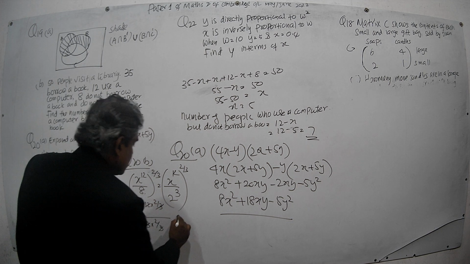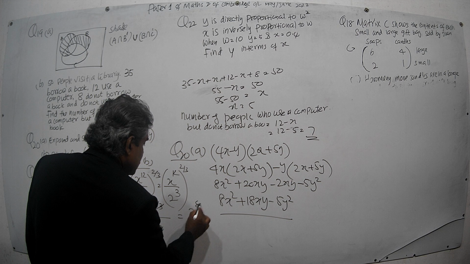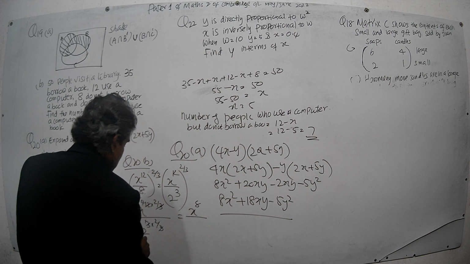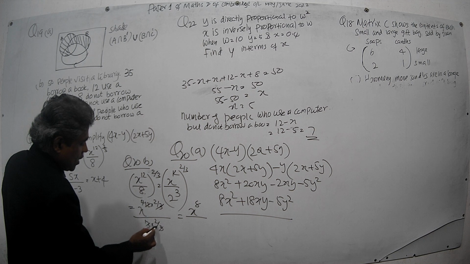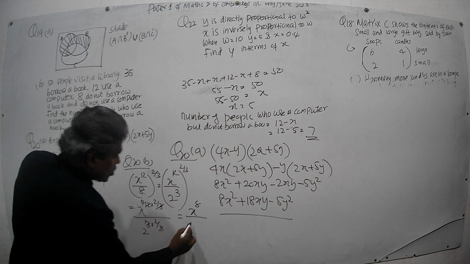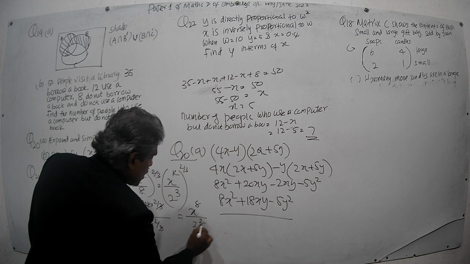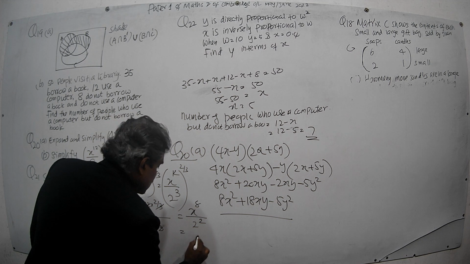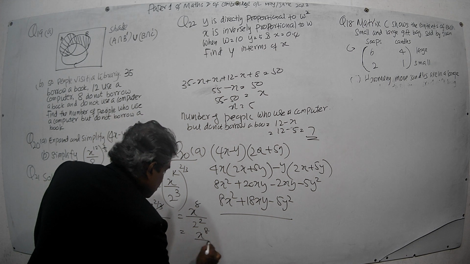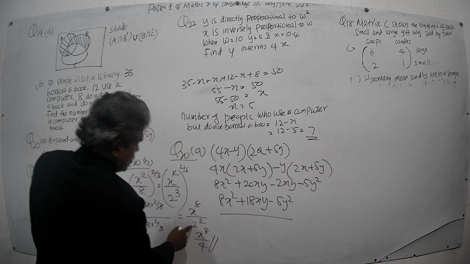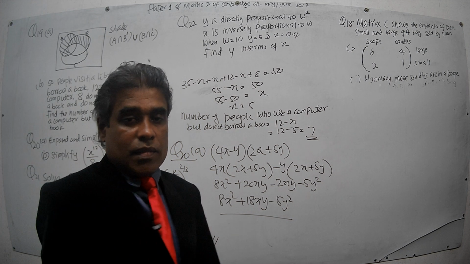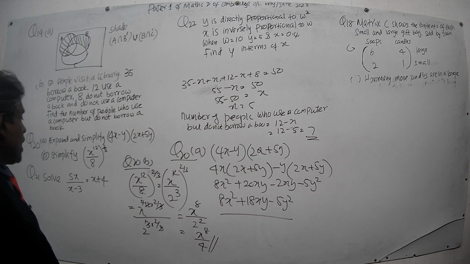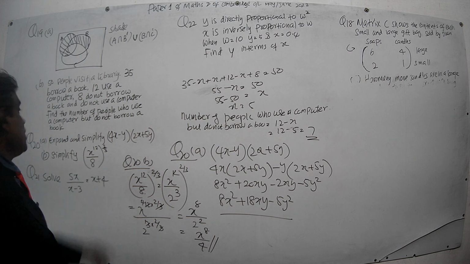Then you can write x to the power 8 over, here it is 2 to the power 2 only. This 3 got cancelled, then this 2 to the power 2 is left. Then 2 to the power 2 means 4, then x to the power 8 over 4 is the answer. Okay. Right. That is done. That is question 20b.